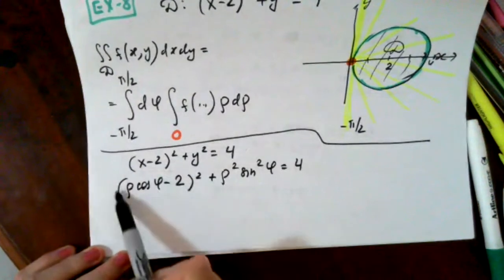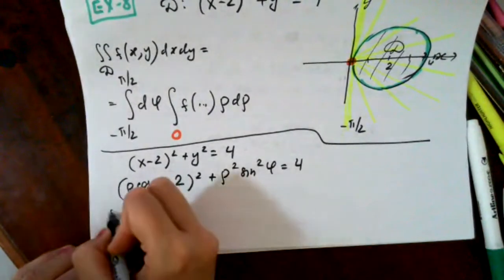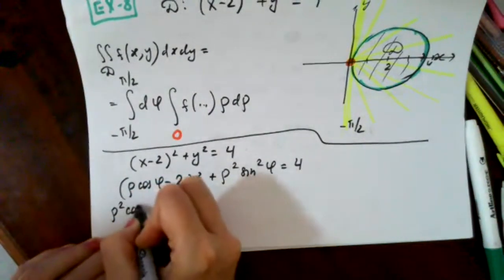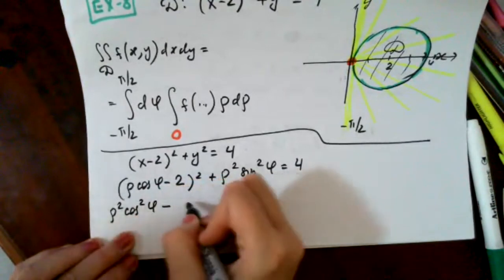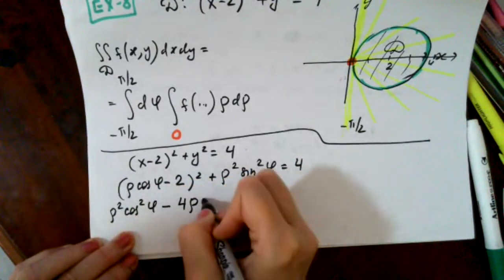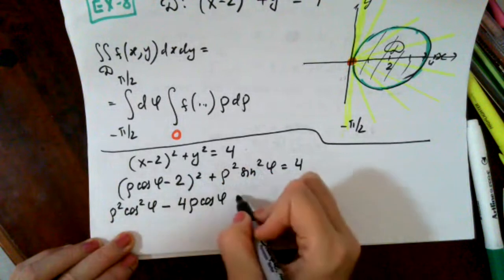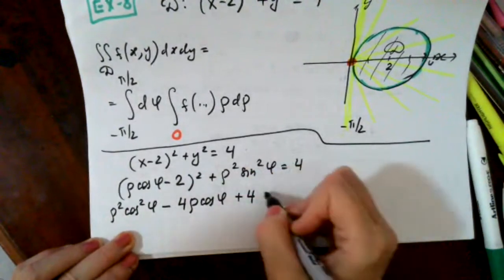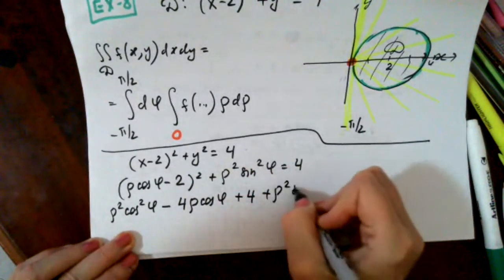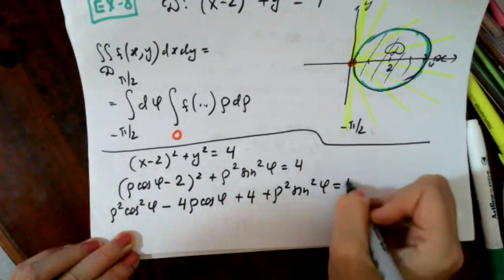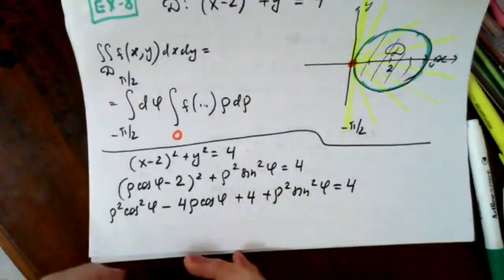I suggest we should do this multiplication. So it will give us r squared cosine squared of phi minus 4r cosine of phi plus 4. And I rewrite this term, r squared sine squared of phi is equal to 4. Looks even worse. But you know what?